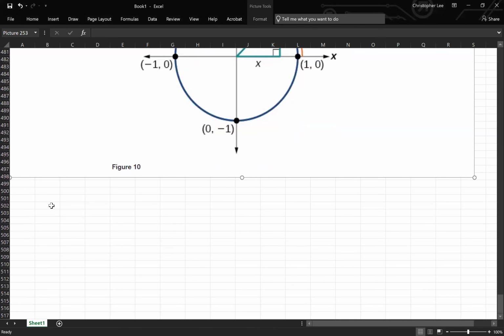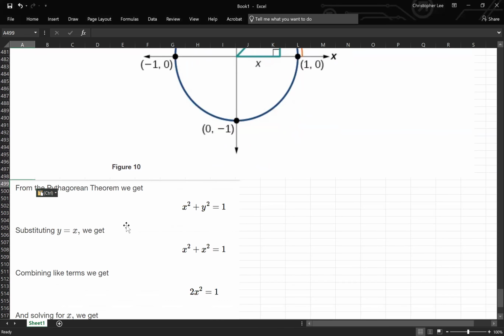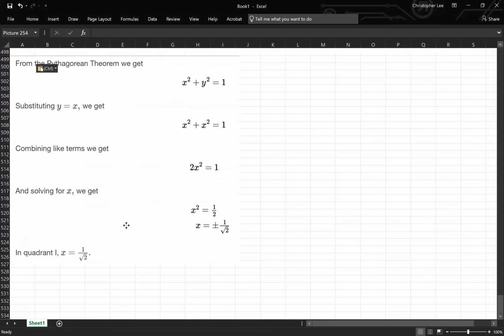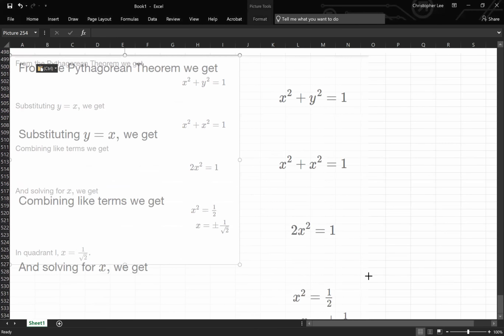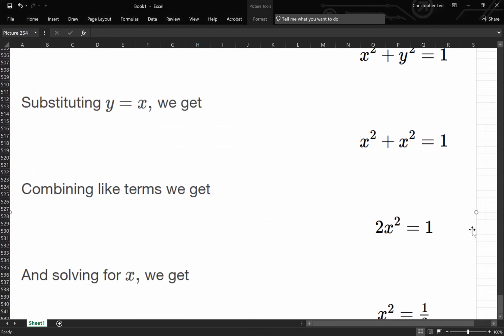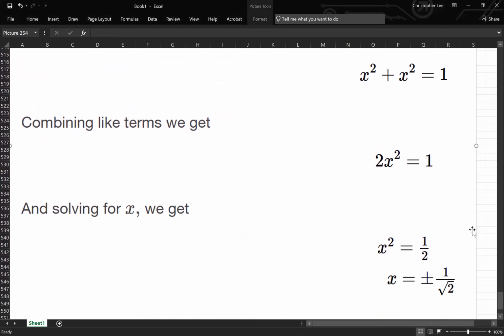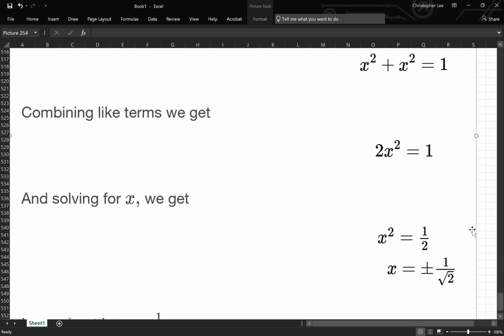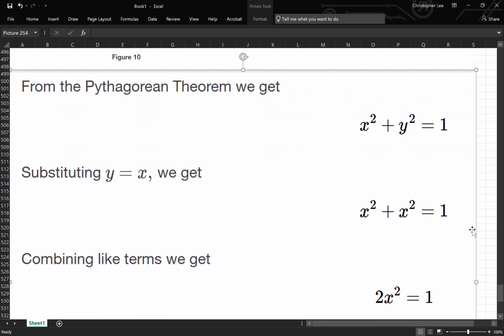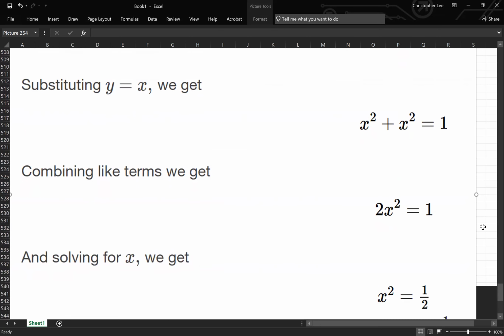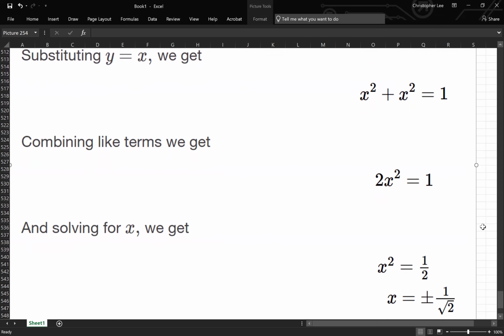So real quick, from the Pythagorean theorem, we get that x squared plus y squared is equal to 1. Substituting y equals x, we get x squared plus x squared is equal to 1. When we add them together, combining like terms, we have 2x squared is equal to 1.